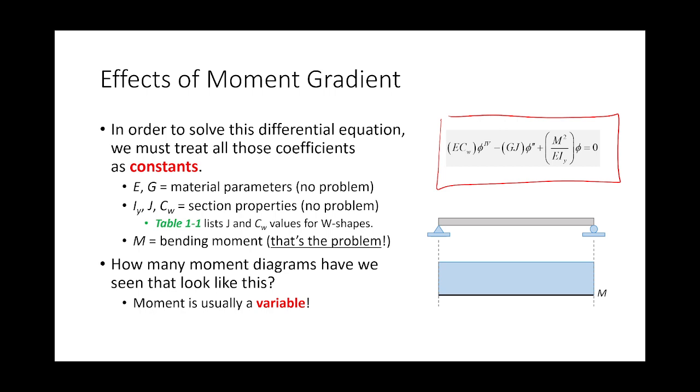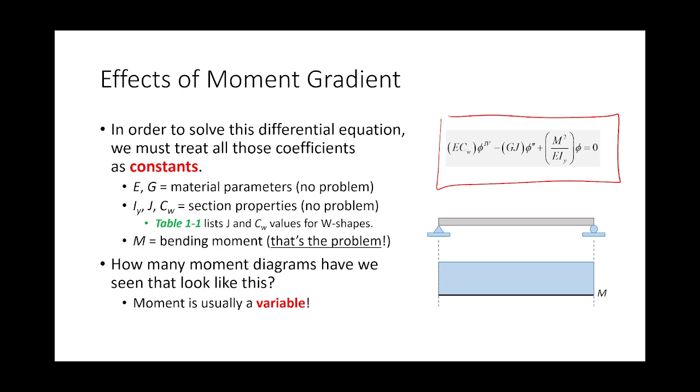What about I_y? That's a constant. But what about M? That's a problem. How many bending moment diagrams have we ever seen that look like that? I mean, I'm serious. Do we ever deal with bending moment diagrams that look like that? No, they're nonlinear. They're pointy. They change, right? Moment is a variable along the span.